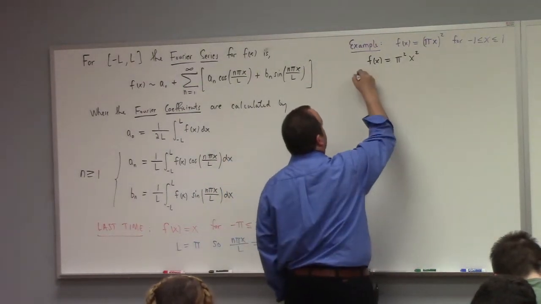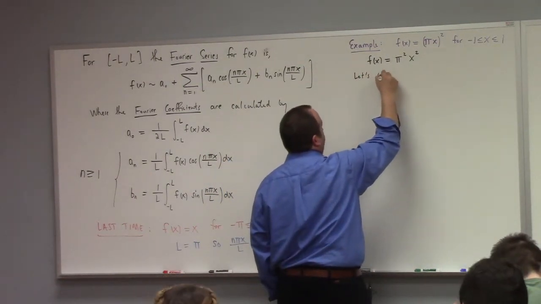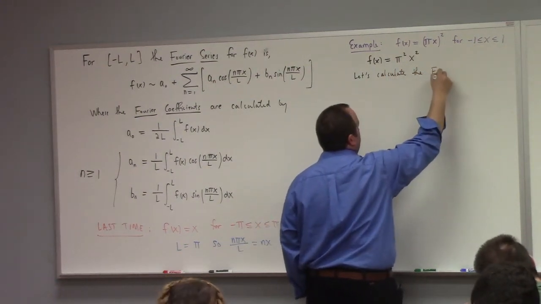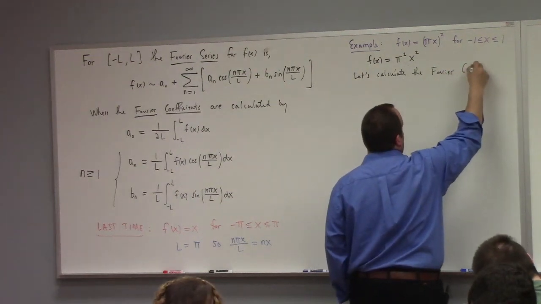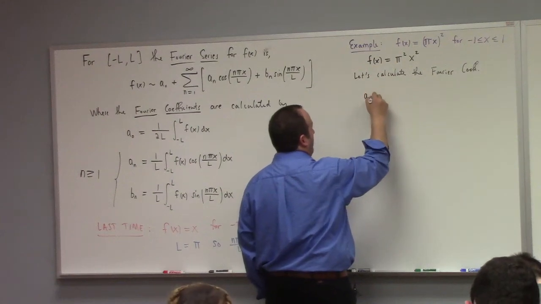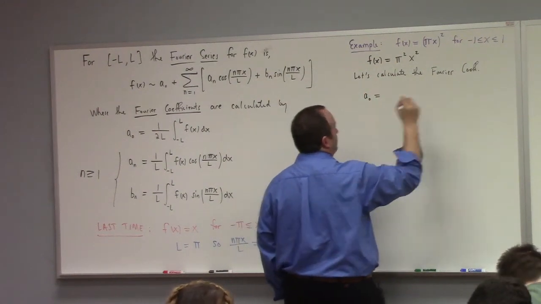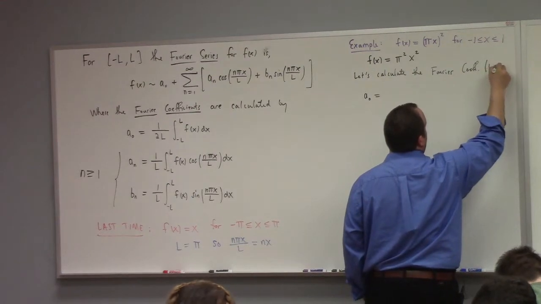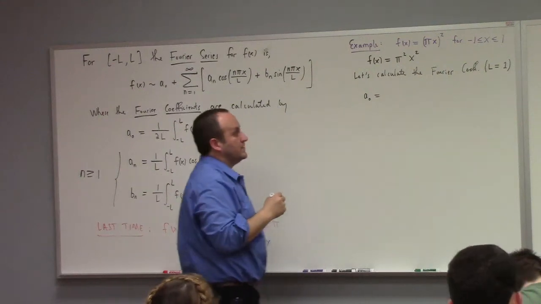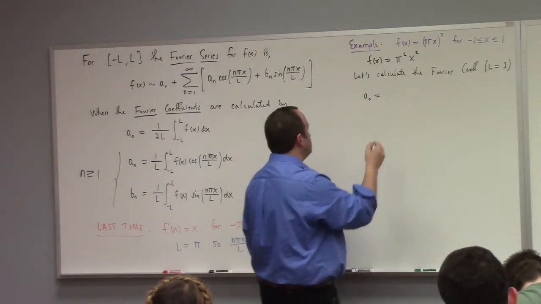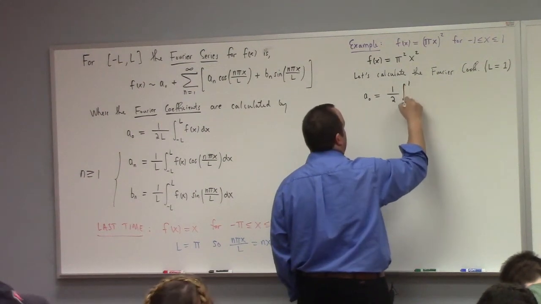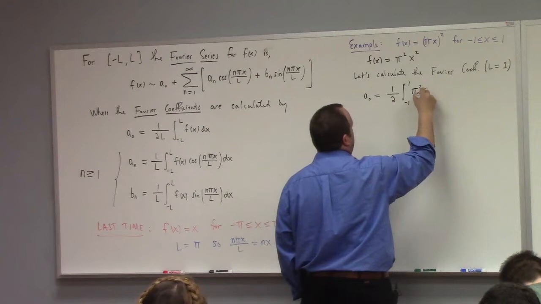So let's calculate the Fourier coefficients. I'll start with a sub 0. So my L, what's L equal to? Here L is equal to 1, right? A sub 0 is 1 over 2 times the integral from minus 1 to 1 of pi squared x squared dx, right?